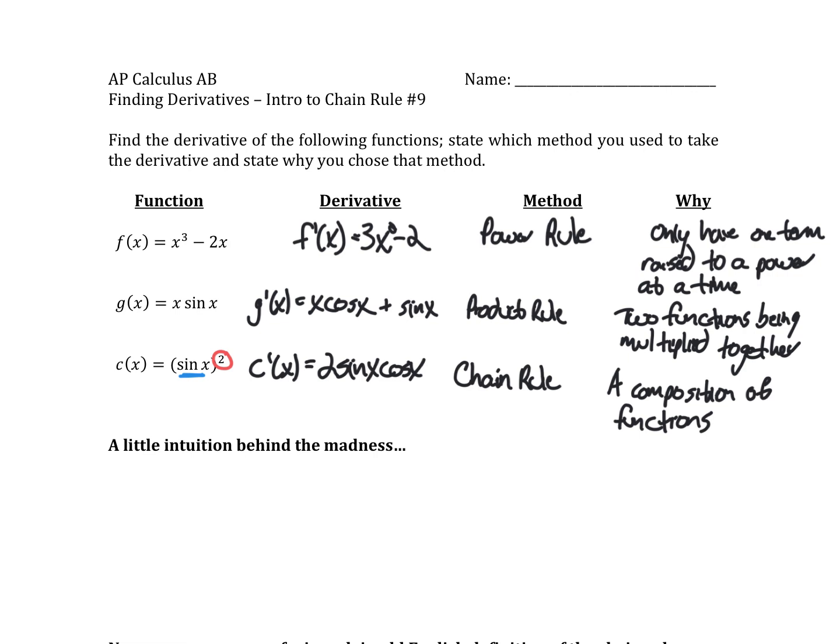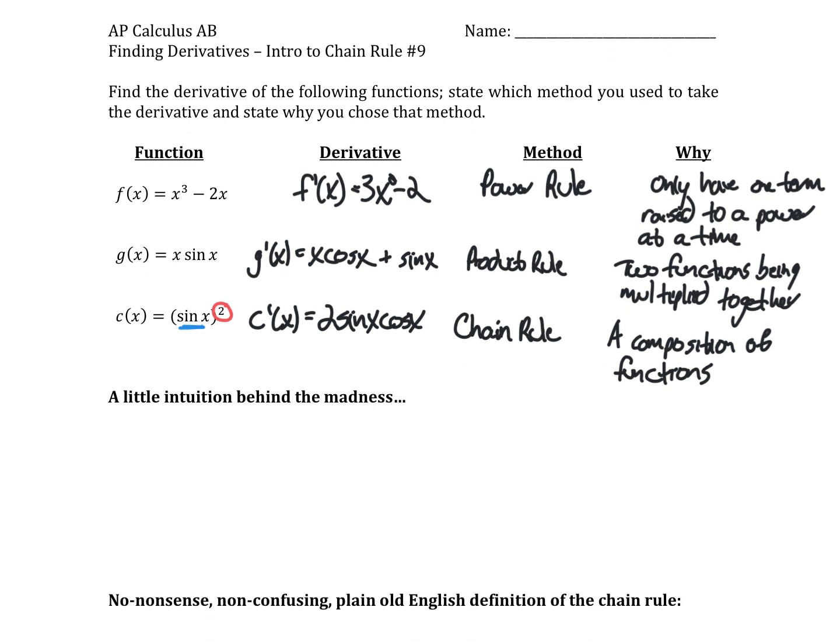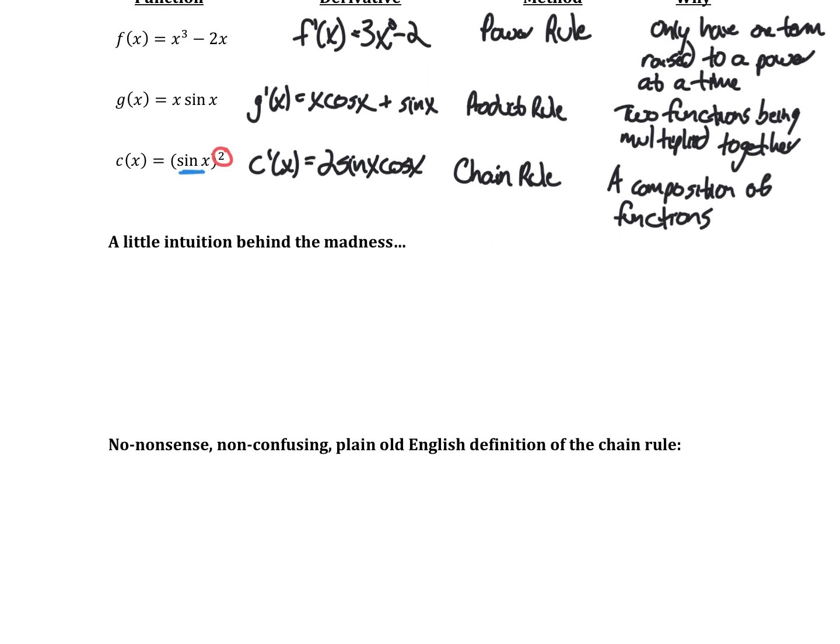All right. So let's take a minute to think about this. A little intuition behind the madness here. So why am I getting 2 sine of x cosine of x for the derivative of sine of x squared? Well, let's use our notation here. If I take the derivative of sine of x squared with respect to x, I'm telling you that we should get 2 sine of x times cosine of x.